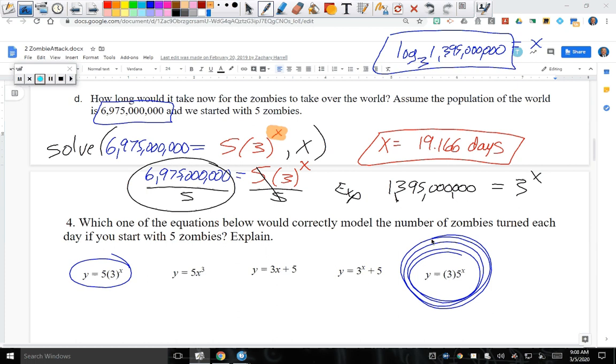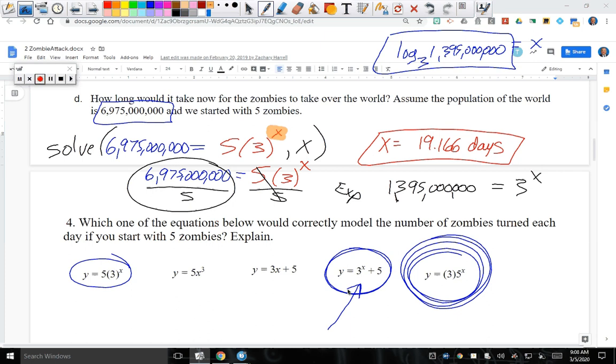Okay. How about this one? How many do I start with on this one? Not 5, not 1, not 0. Remember, when you start, what number goes in for x? 0. So put 0 in for x, and what do you get? 6. You would start with 6.